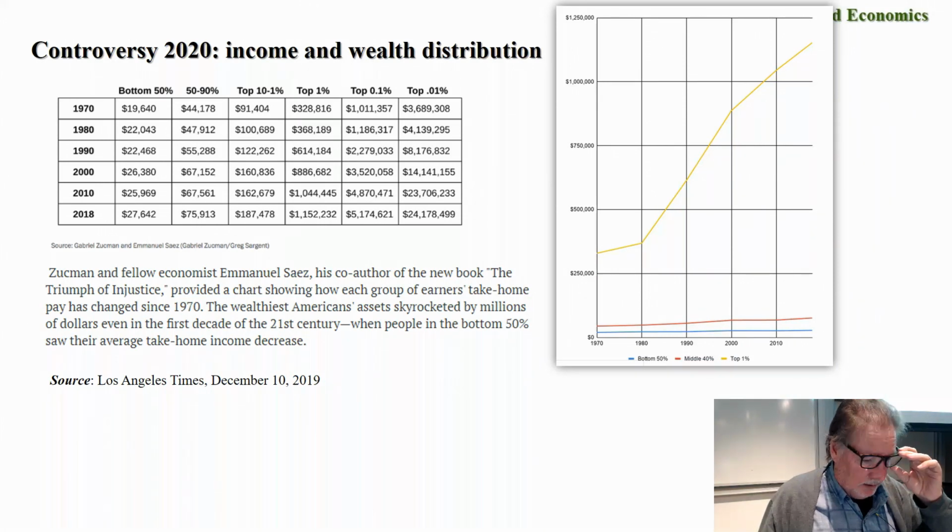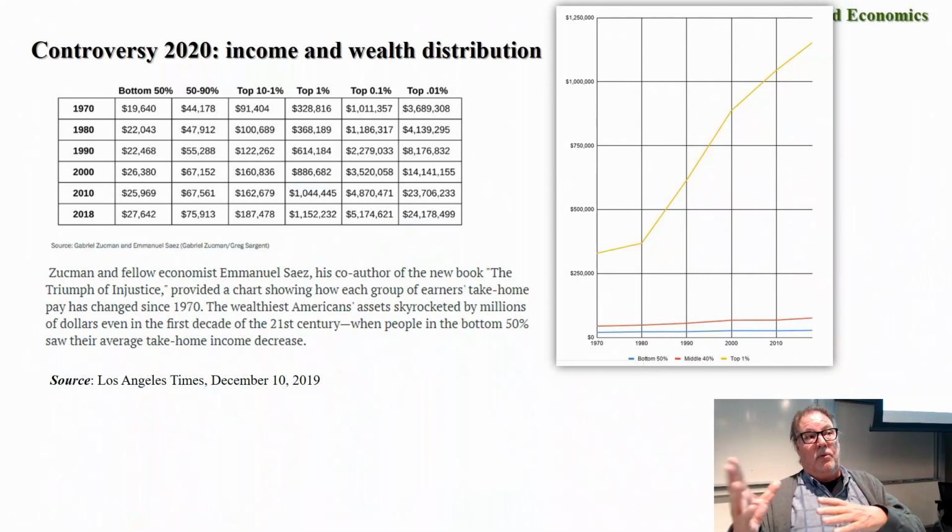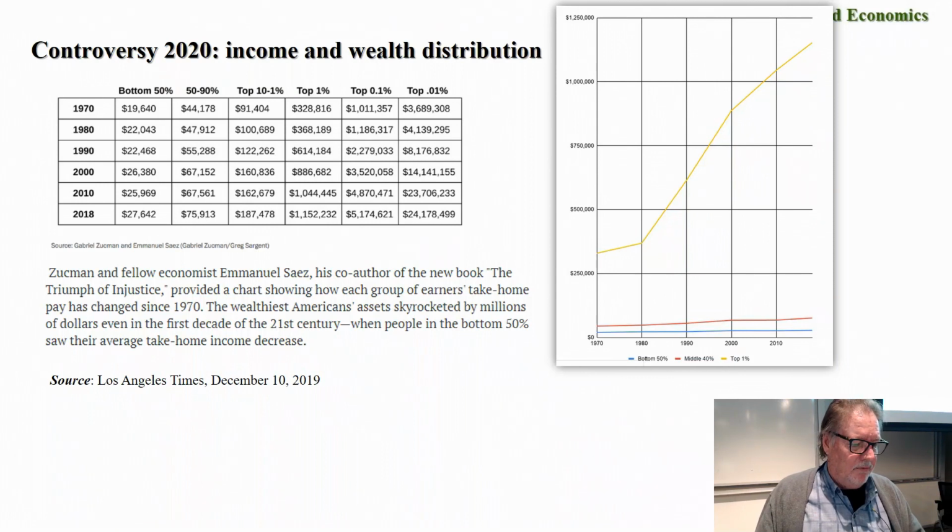But when you take a look at the top 1%, for example, that income, this is mostly based upon tax data, I might add, the cohort earned $328,000, and now that has grown to $1,152,000. At the bottom, we find that incomes didn't even double, actually.